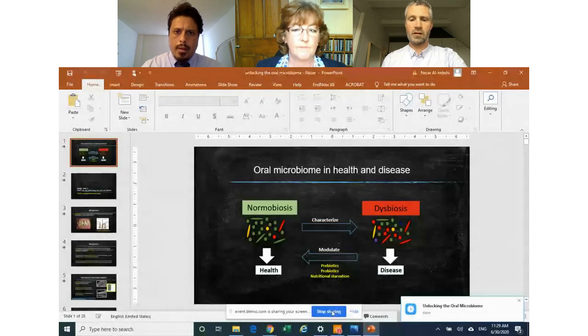I'm not sure if I'm able to share. Do you see the screen? I have a problem with sharing the screen. Yes, Nazar, we know. It appeared for a second and is now gone again. Let me try again, because I don't see the PowerPoint as one of the options for sharing the screen. Although let me try again.